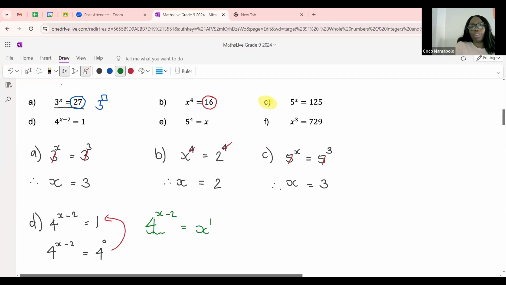Look at all the other questions that we did before. If we look at the question we did over here, do you notice how I have 3 as a base and I have 3 as a base? And over here, I have 5 as a base and I have 5 as a base. So the only way I can cancel the bases is if they're both the same.